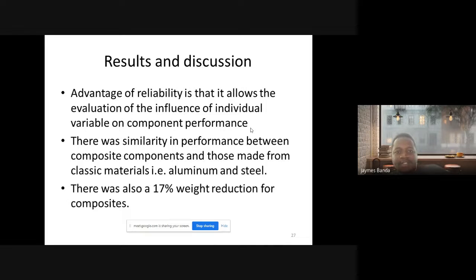The advantage of reliability is that it allows evaluation of the influence of an individual variable on a component's performance. There is similarity in performance between composite components and those made from classic materials such as aluminum and steel. And because of the 17% weight reduction, the composites have an advantage in terms of applications here.